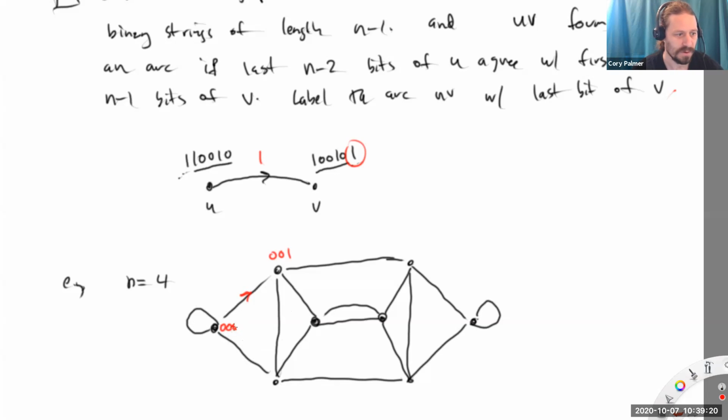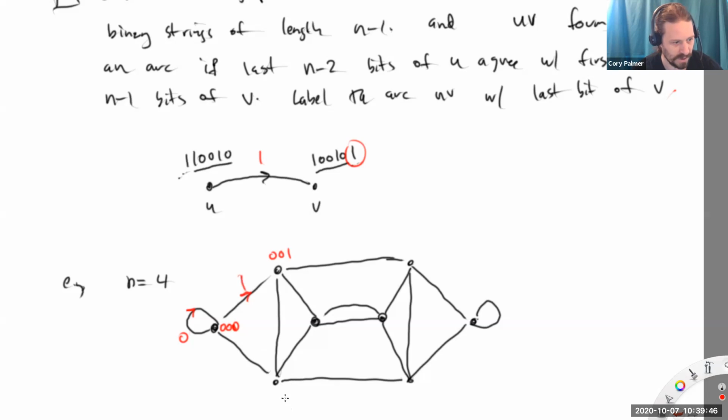This loop is just fine because it says that 0, 0, 0 is adjacent to 0, 0, 0, because those two strings agree with each other on the middle two, and the loop can be oriented in any direction. What would be the label on this loop? It's 0. What's the label on this edge here? It's 1, the thing that's added there.